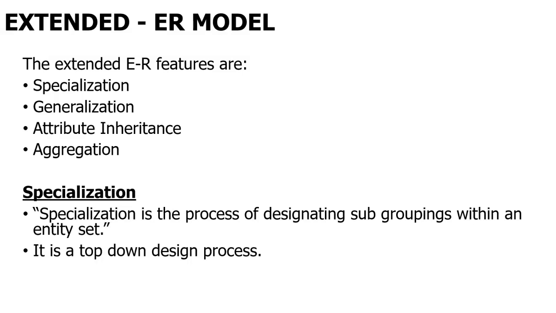But the common thing among the ENT specialist, the dentist, the cardiologist, the gynecologist, or the neurologist is that they are a doctor. A doctor is specialized in these things. It's the same meaning here also. We have some entity, and that entity will be specialized. So it follows a top-down design process.